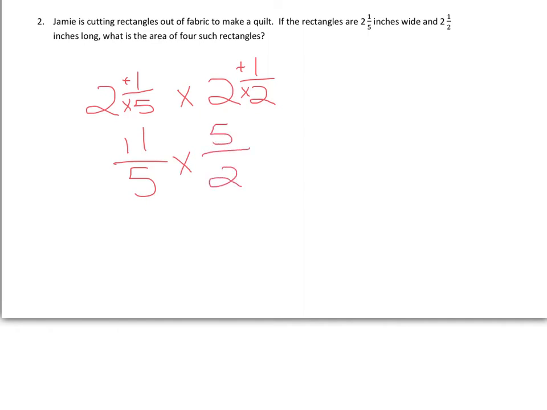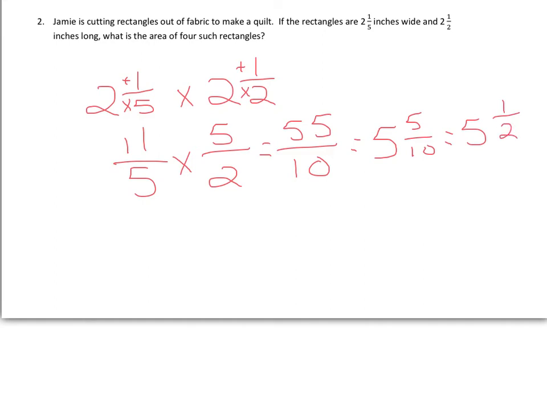At this point, we can just multiply across. You could cross-cancel here with the 2 5s, though, and I'll show you that in 1 minute. But 11 times 5 is 55. 5 times 2 is 10, so you get 55 over 10. 10 can go into 55 5 times, and then you'd be left over with 5 over 10, which would then be 5 1/2.